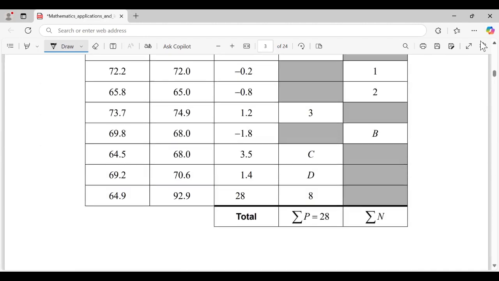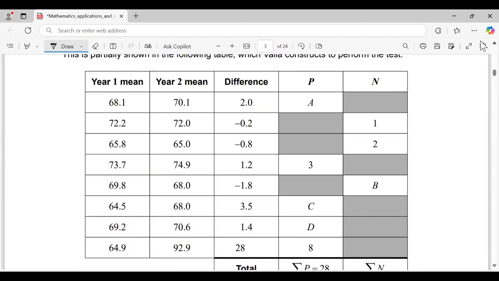So if we create the rank, we need to add one more column for the absolute difference. This one. So the absolute difference of 2.0 is 2.0, and for minus it becomes positive.